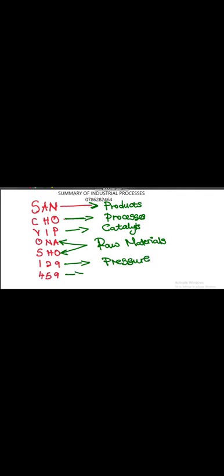And this part here is for temperature. After explaining this, you'll be able to know at least these 3 industrial processes.